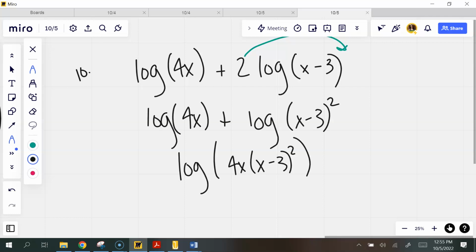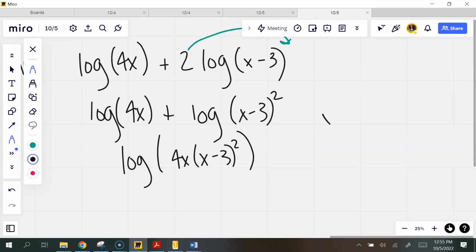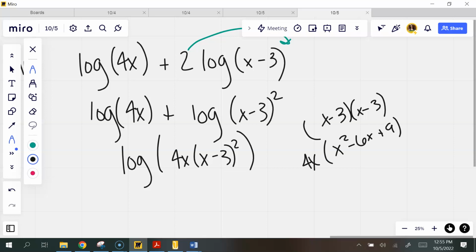well, expand it. What did you do? Did you multiply it out, FOIL it out, and then distribute? It's a lot of work. I would have stopped right there. If you did multiply it out, x minus 3 squared would be x squared minus 6x plus 9, and then you need to take a 4x to everybody.